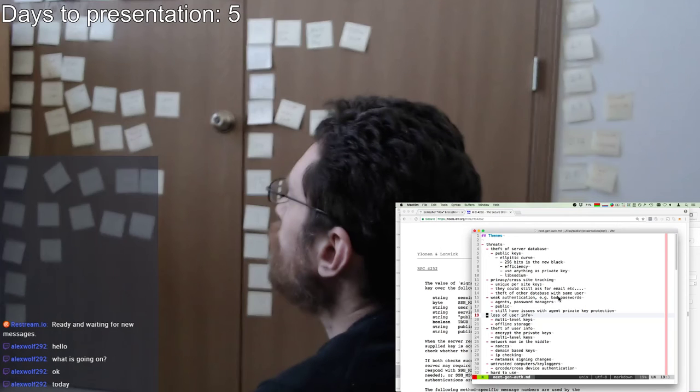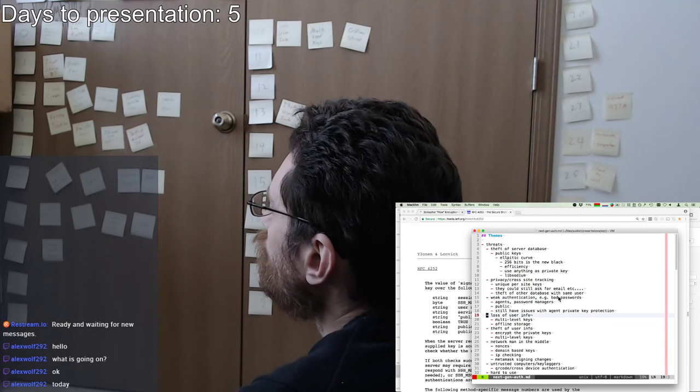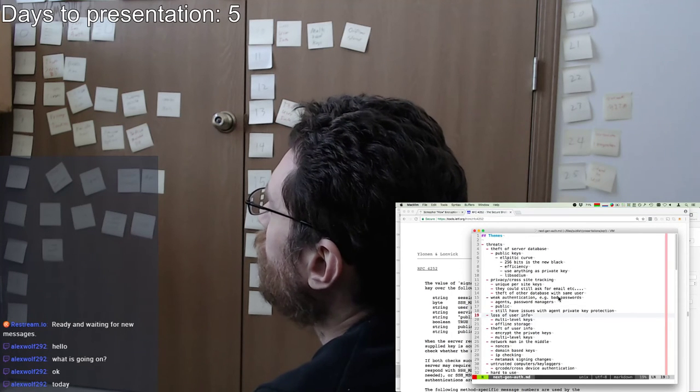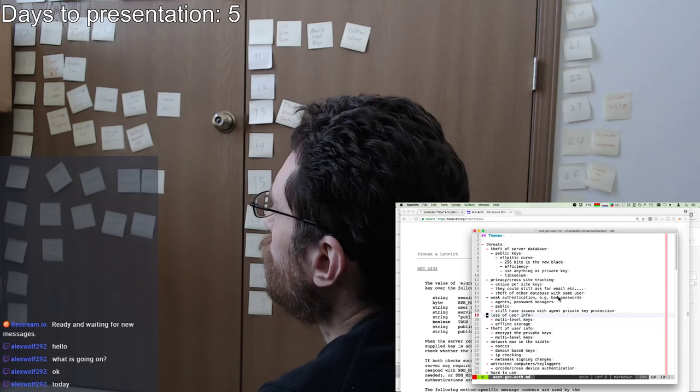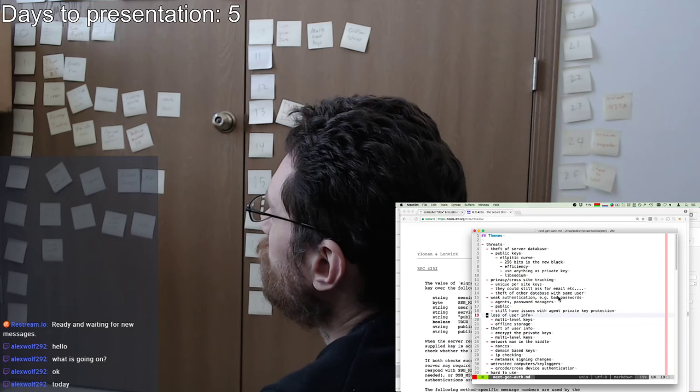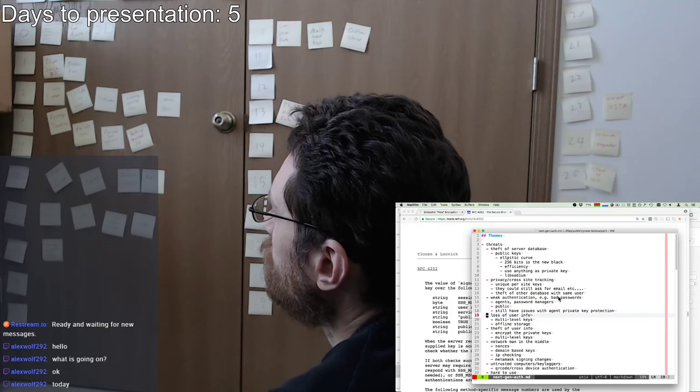Anyway, I guess only badly hashed databases are a real threat, but it still allows them to do offline password decryption attacks.